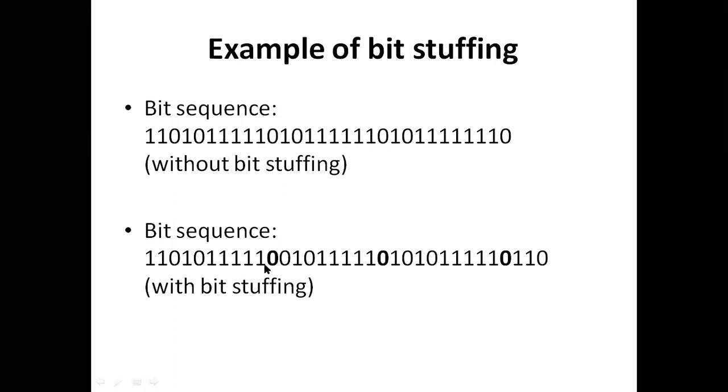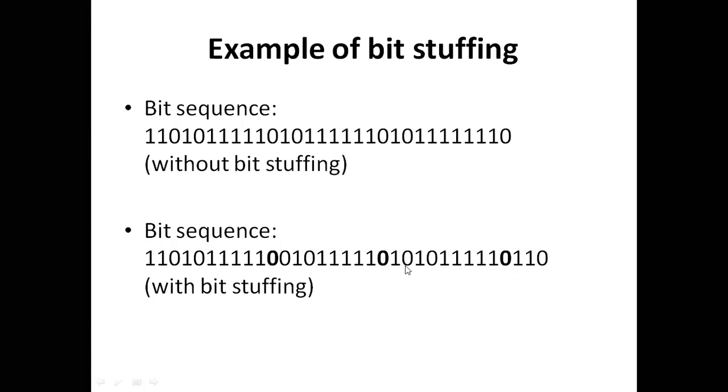But here we are going to insert one more bit. If any 5 consecutive ones exist in the bit sequence, then we add one more 0. After 5 consecutive ones we add a 0, and here also after 5 consecutive ones we add one more 0, and here also one more 0.